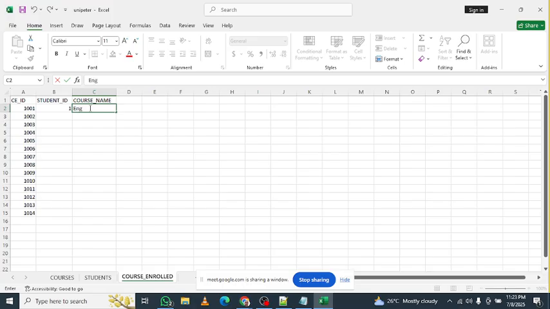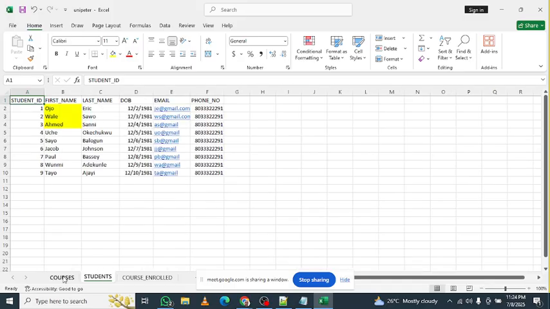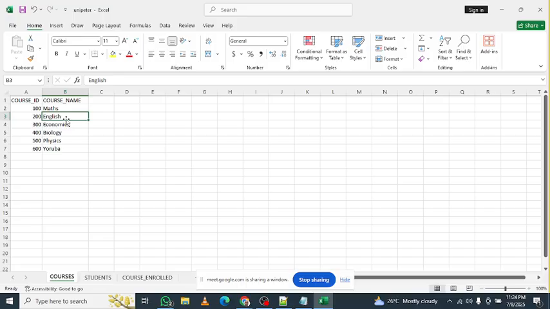This is a violation of data normalization. Don't forget, data normalization reduces data redundancy. So I have English here, then English here, English here. No, it shouldn't be like that.